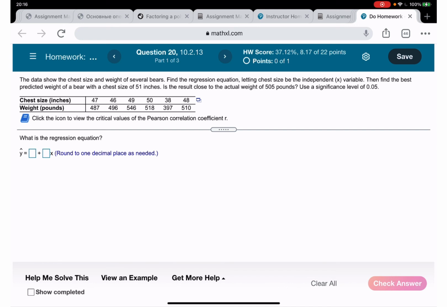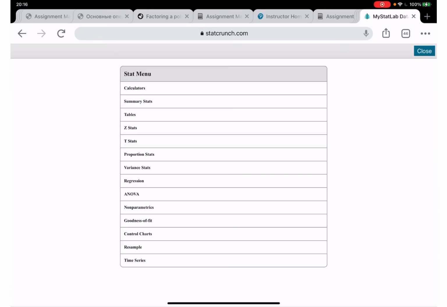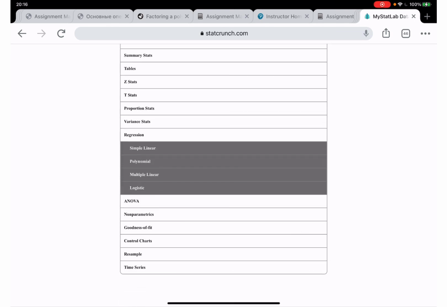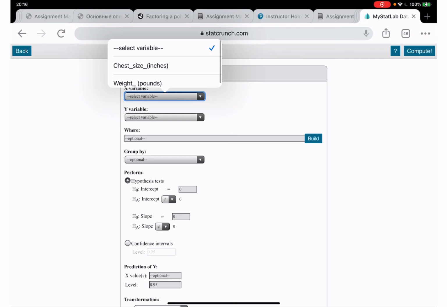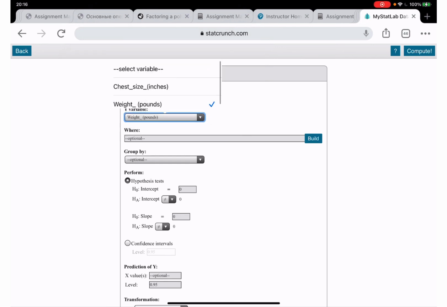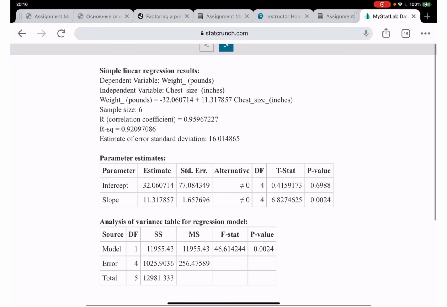So we are going to get the equation from StatCrunch. This is simple linear regression, first one, second one, combined. What is our regression equation? Here it is.